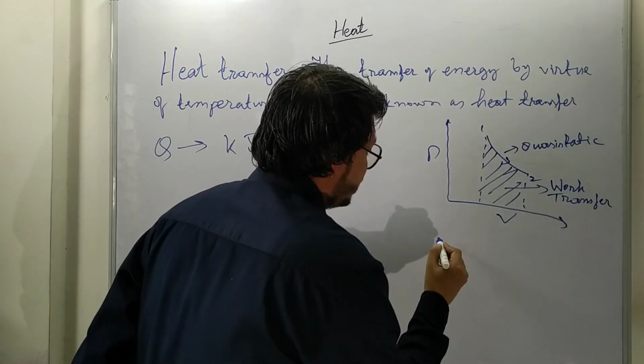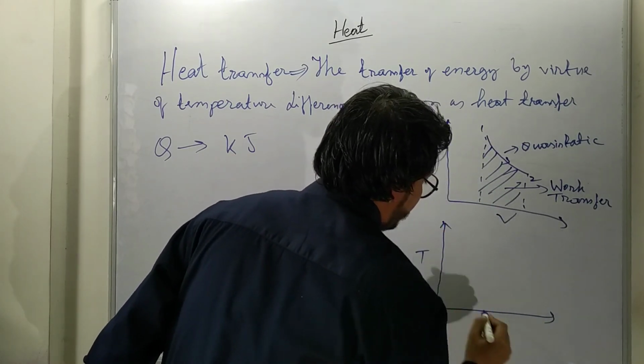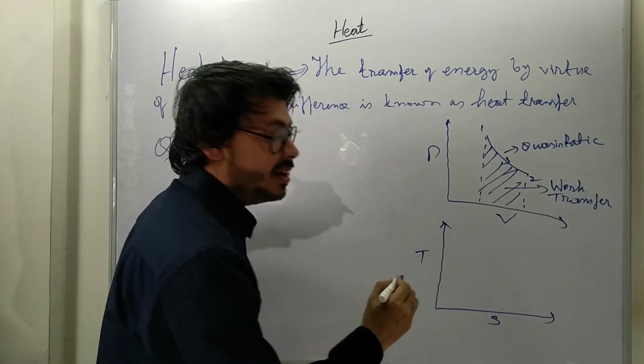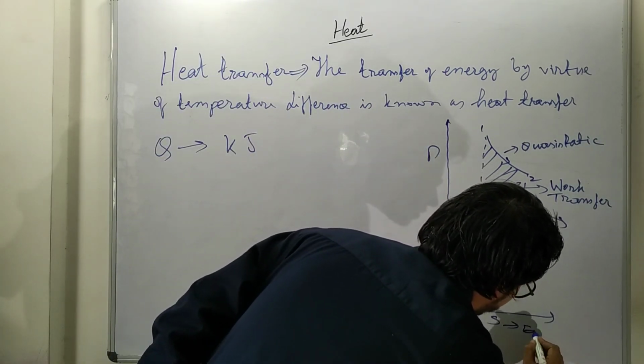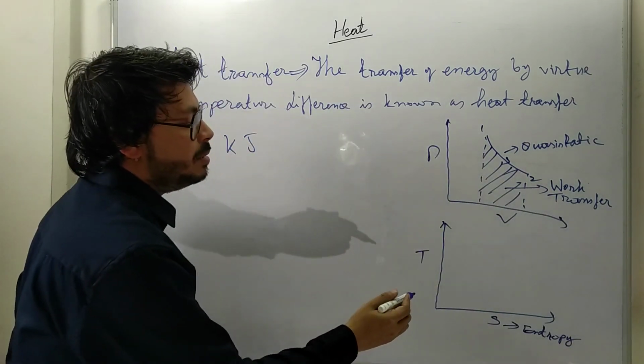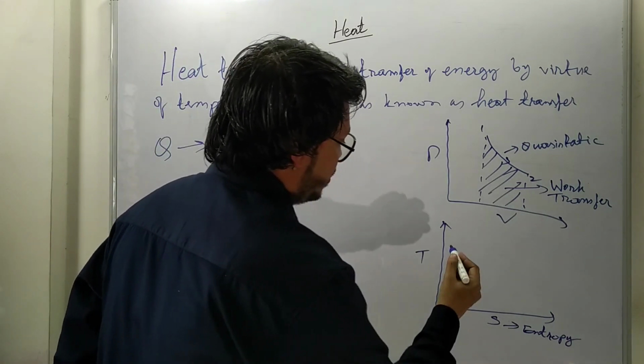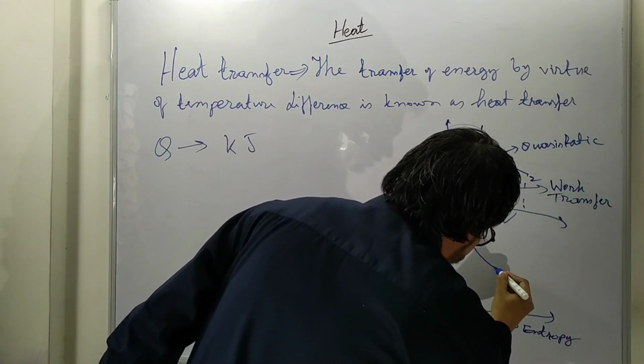In the same way, for heat we have the TS diagram, where T is the temperature and S is the entropy. We will study the detail about this property, entropy, in upcoming chapters. So let us consider a curve.